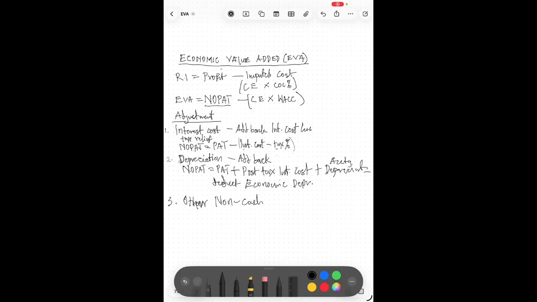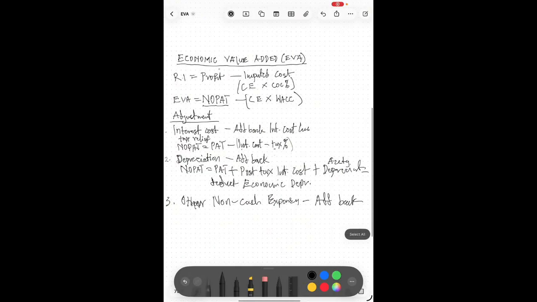Then we'll now have the other non-cash expenses. For the other non-cash expenses, they should also be added back. A good example of non-cash expense is provisions and allowances. So we say add it back also.